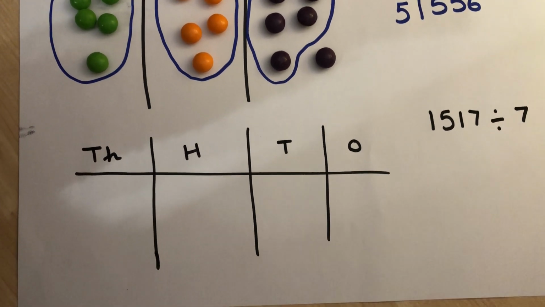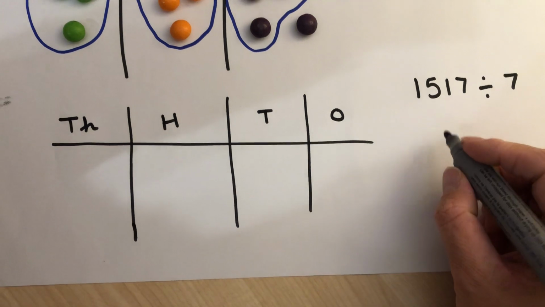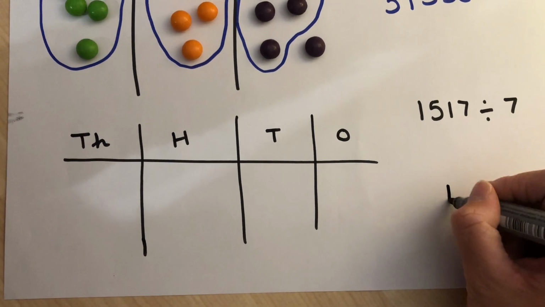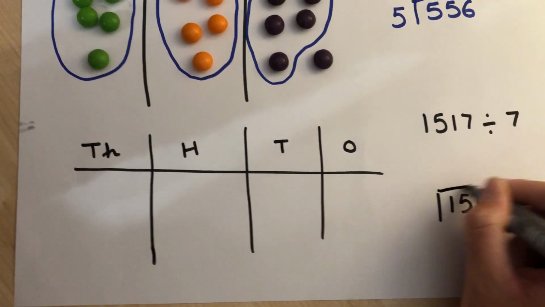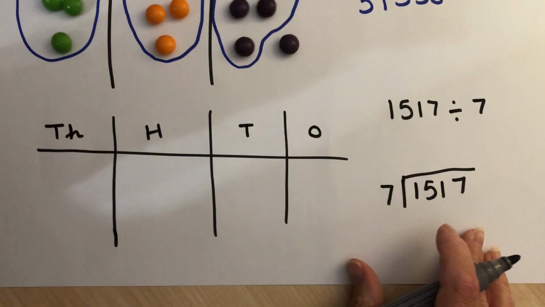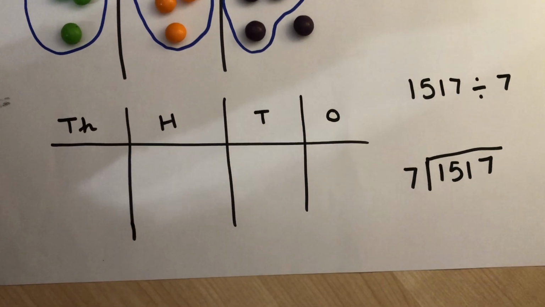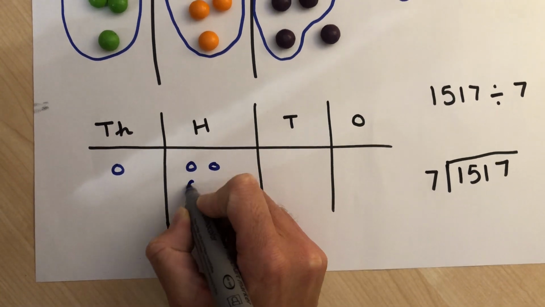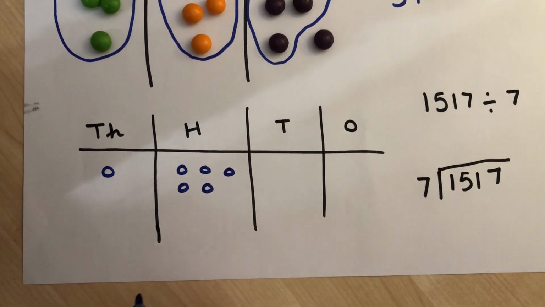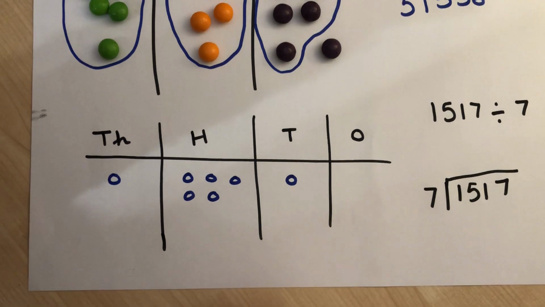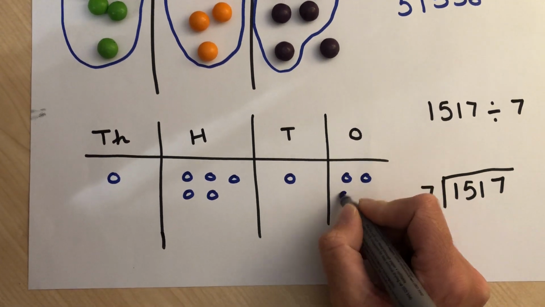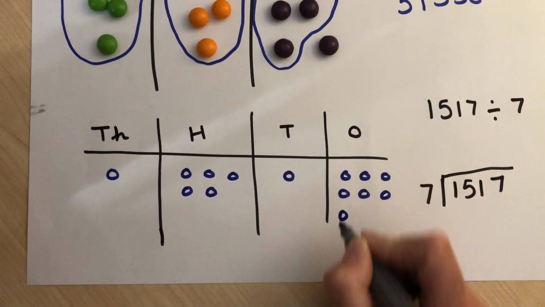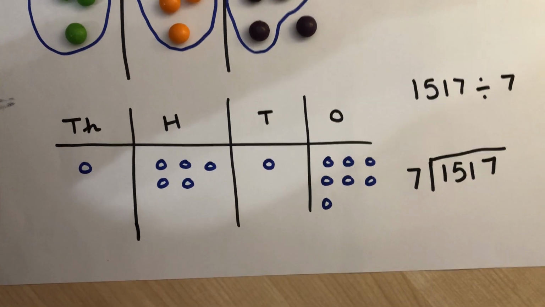So again, I'm going to write that using my short division method at the side, ready to use alongside my pictures. So I'm just going to draw in the counters. So I've got 1 in the thousands column, 5 in the hundreds, 1 in the tens, and then 7 in the ones.